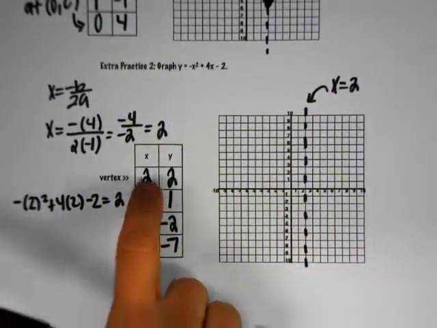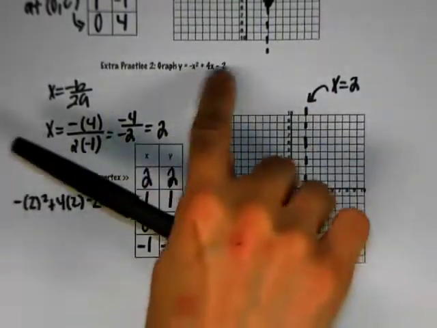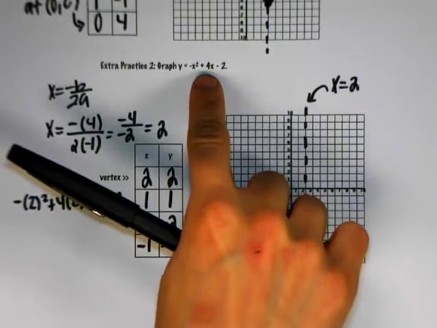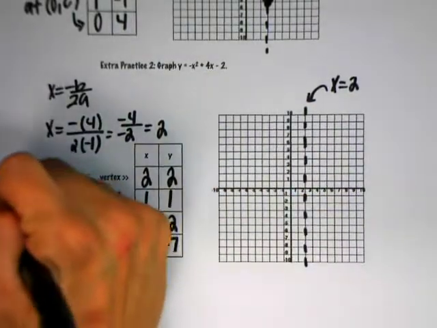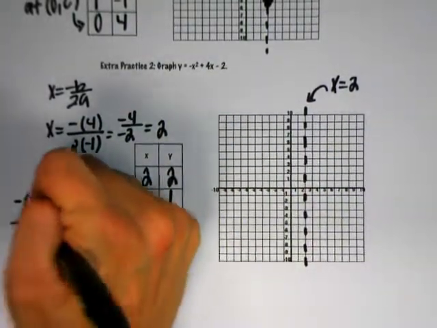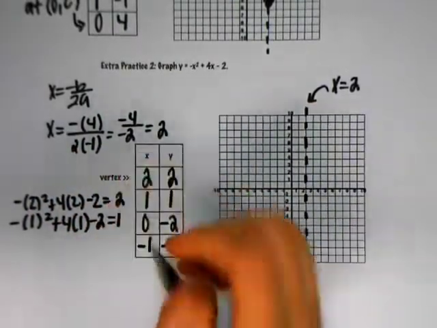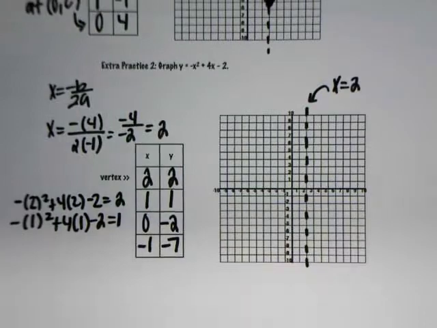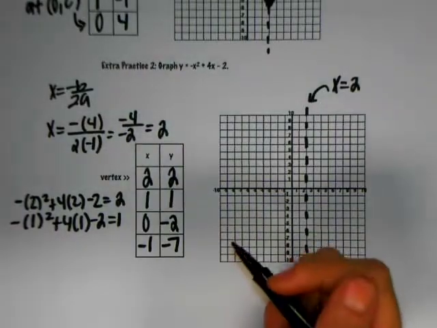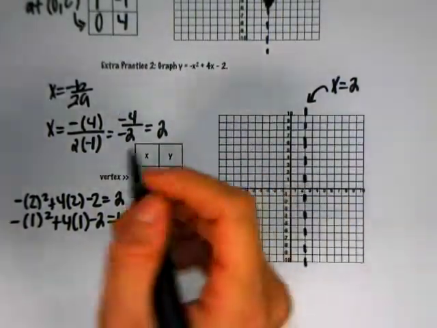Once you have the x and these values, you're just plugging them in for x in the equation. Whatever those values are, they'll say that. And then you would also plug in negative 1.